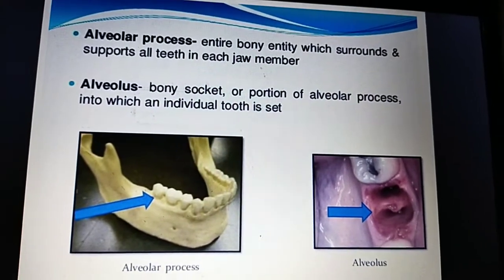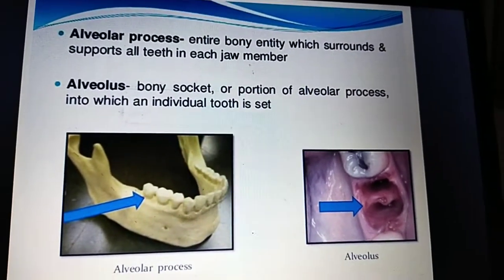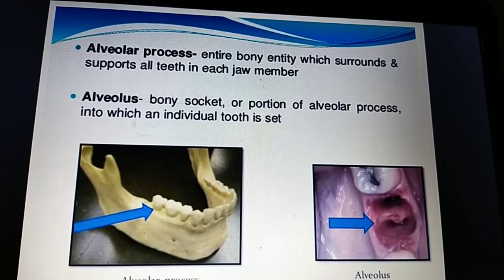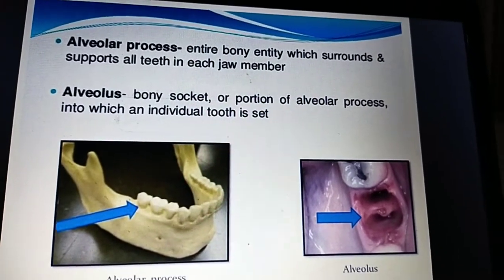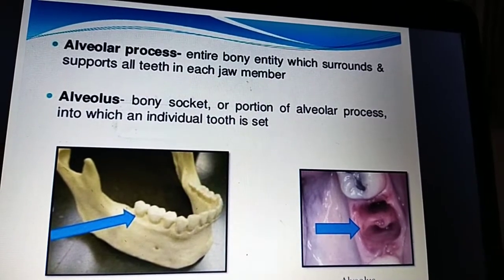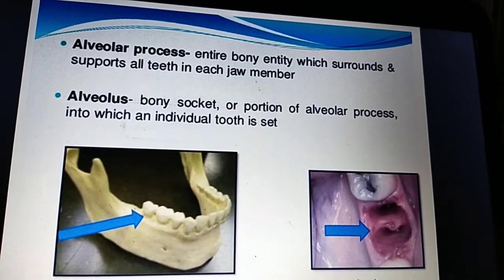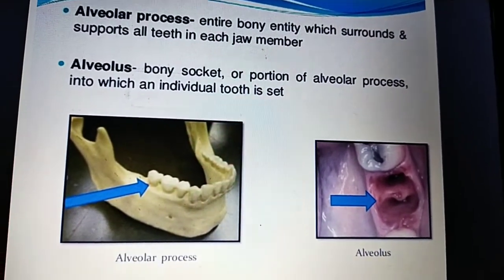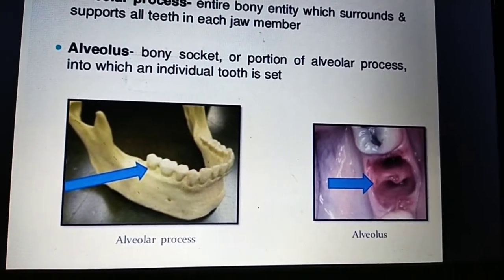The alveolar process is the entire bony entity which surrounds and supports all the teeth in each jaw. Alveolus is the bony socket, or portion of the alveolar process, into which the individual tooth is set.